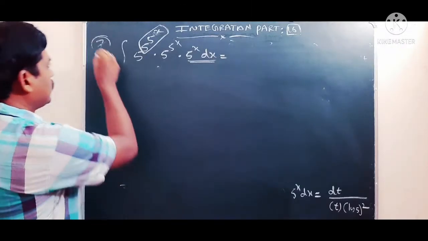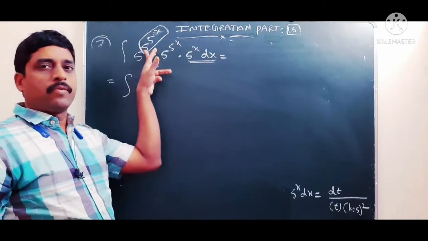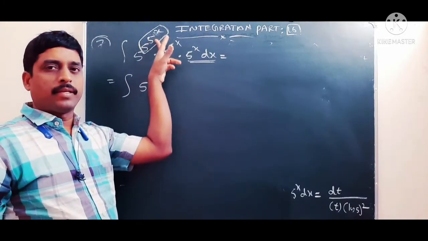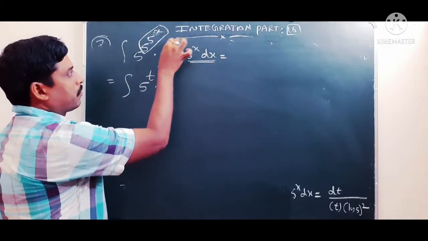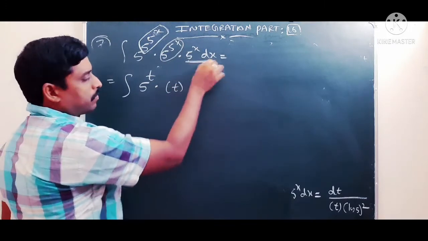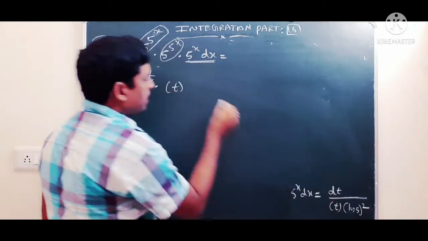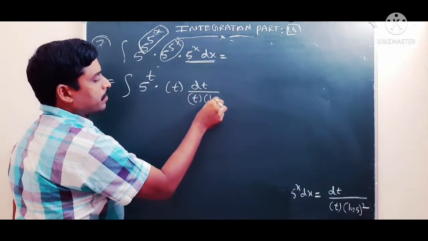Integral of 5 to the power 5 to the power 5 to the power x. In this place we should write t, and 5 to the power 5 to the power x is also t. The other value we got is dt by t into log 5 whole square.